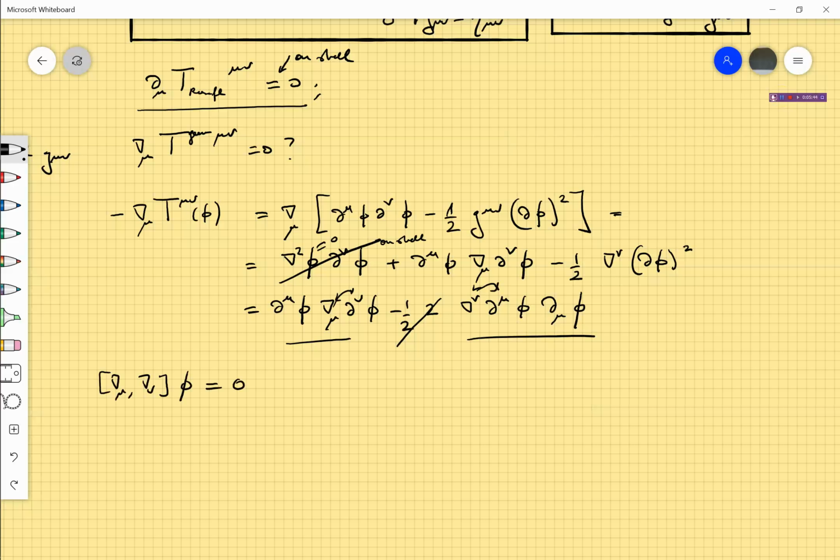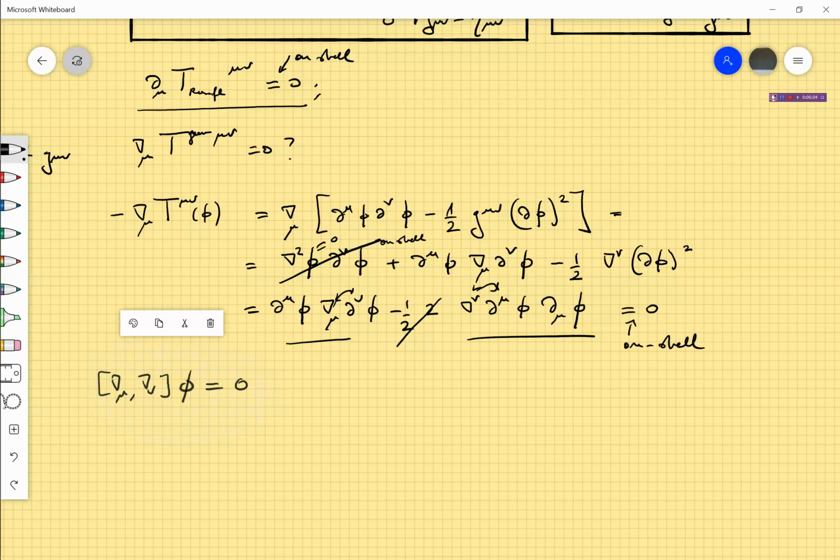This is 0 because in general it is only proportional to the torsion, and here with the Levi-Civita connection the torsion is 0. So these two terms are equal, and this is 0. So this is 0 on shell as well.